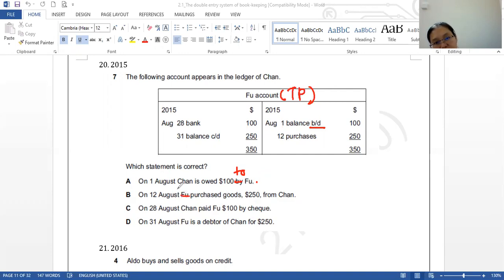So this one should be Chan, not Fu, purchasing from Fu. On 28th, Chan paid Fu 100. So this one is Chan paid. On 31st, Fu is a debtor? Fu is a trade payable or the creditor of Chan. Okay, so your answer should be C.